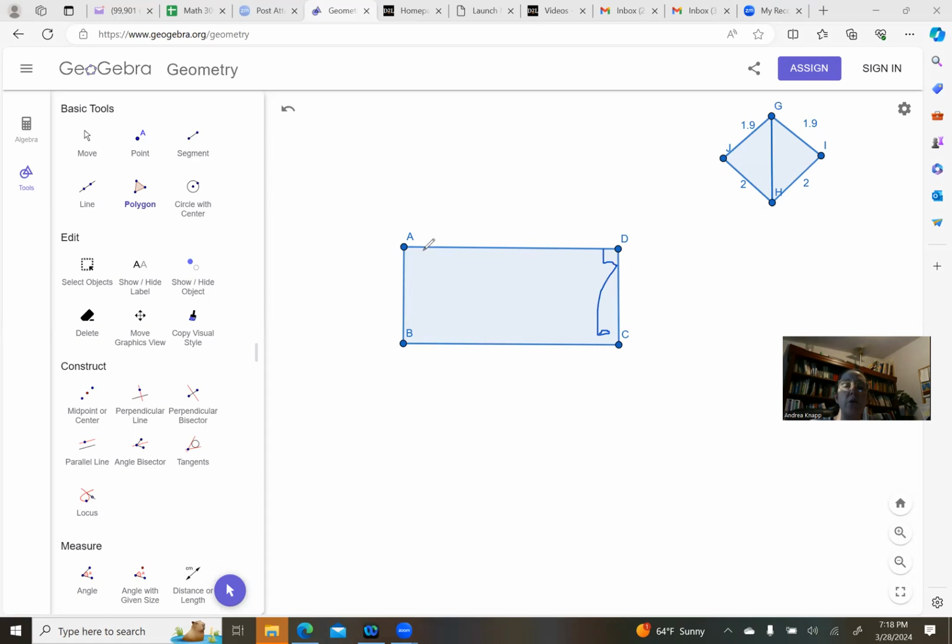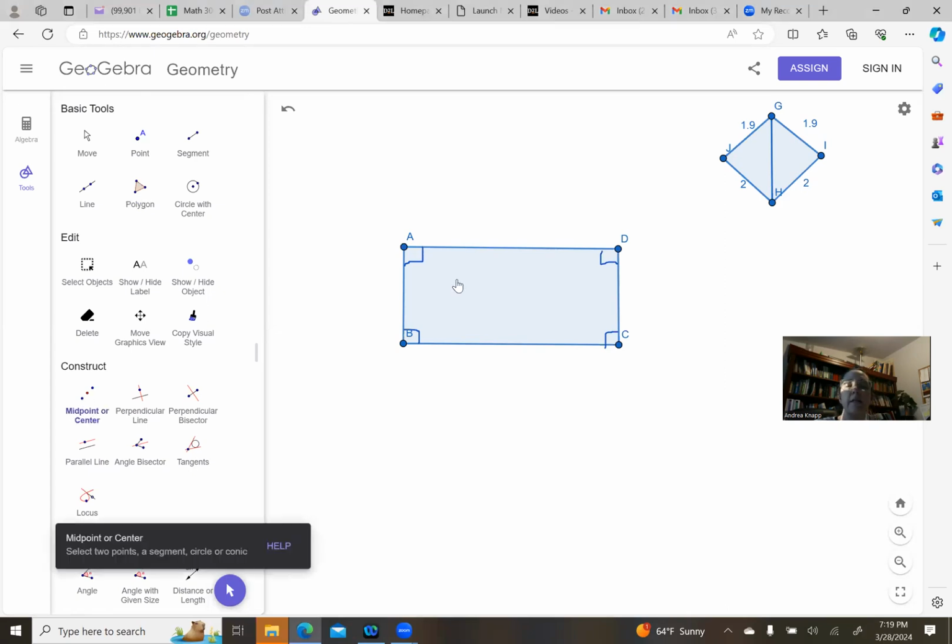The other thing that we're told is that we're supposed to connect the midpoints of the sides here. There's all of our 90-degree angles. Now we'll use our midpoint tool to get the midpoints of the sides.